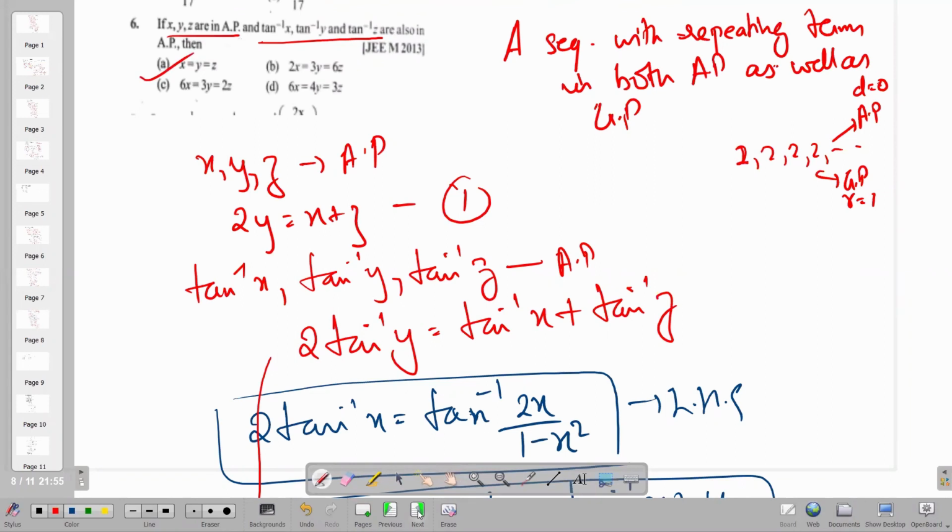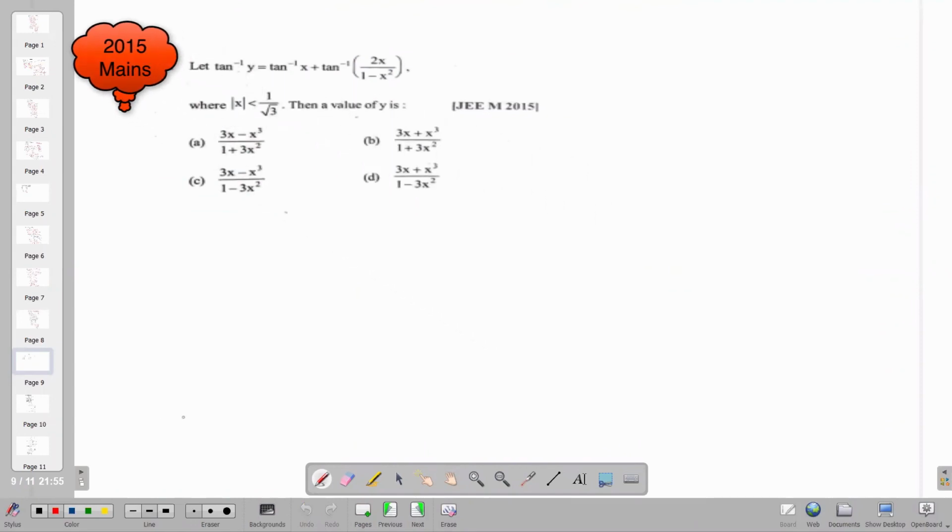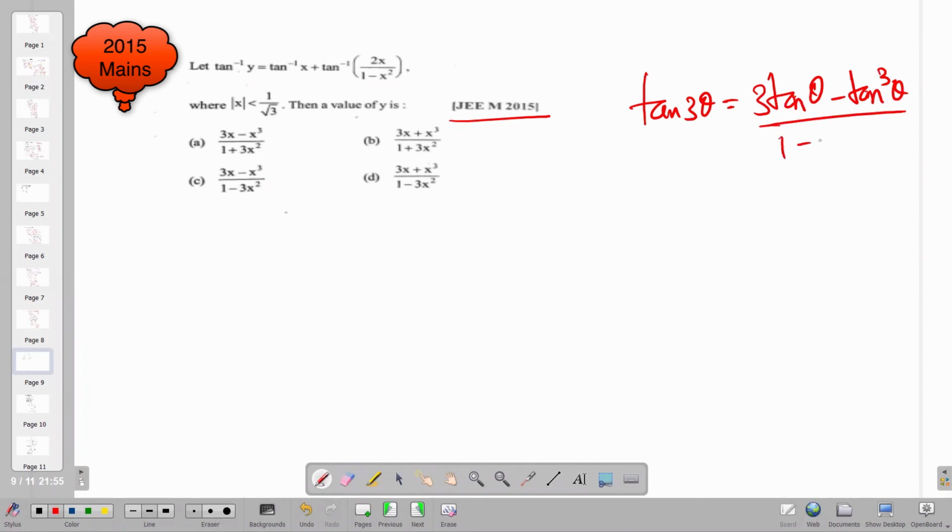Now, another application is here. This came in 2015. We know that tan 3 theta is 3 tan theta minus tan cube theta upon 1 minus 3 tan square theta.